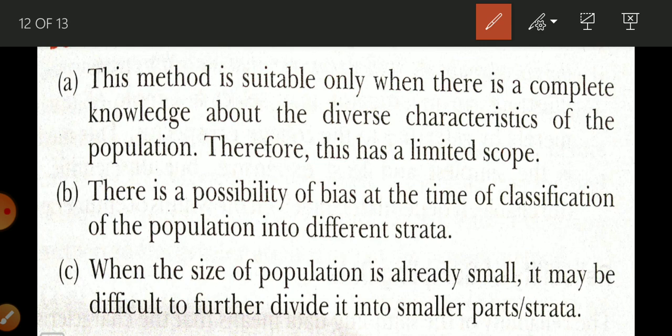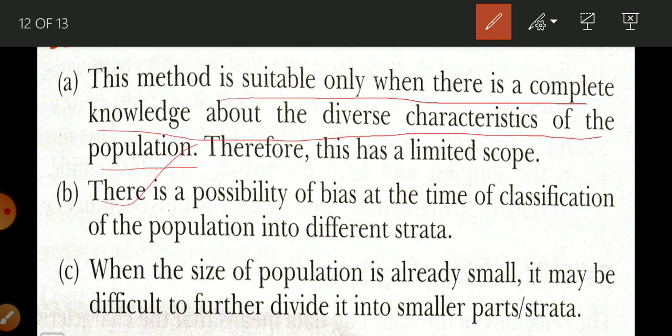Until he knows the universe completely, the investigator cannot make the division. So this is the first requisite: first of all you have to collect knowledge about the universe, only then are you able to make the grouping of data. So this method is suitable only when there is complete knowledge about the diverse characteristics of the population. There is a possibility of bias at the time of classification of the population into different strata.